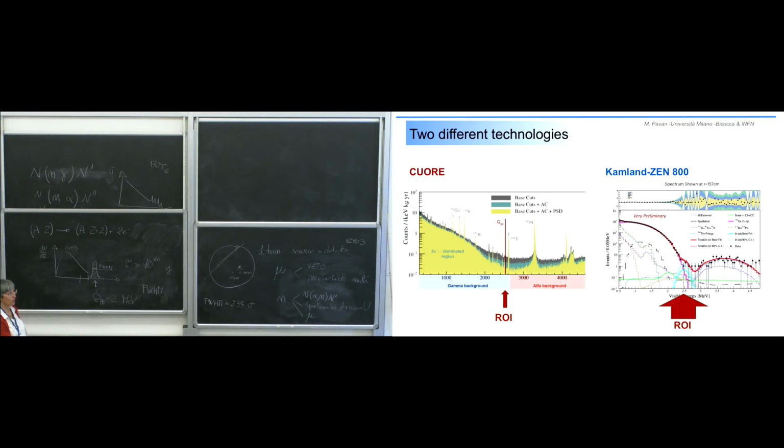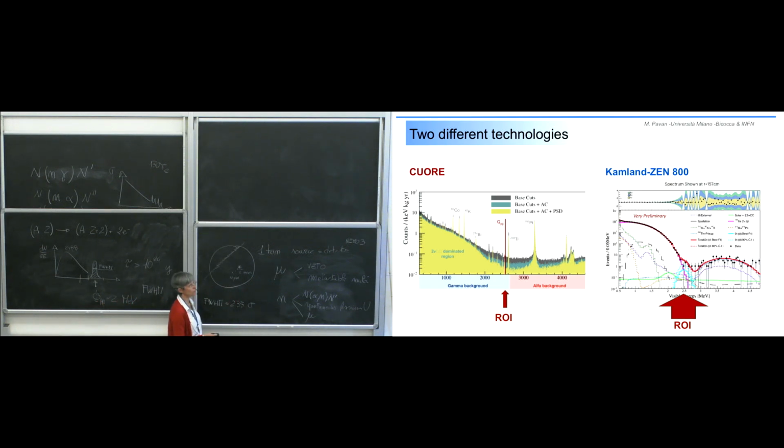So you understand how difficult it is to extract a signal from this spectrum, and it is just a deformation of the continuum that you see, while in that case you should see really a line. Okay, so this is the advantage of high resolution detectors.